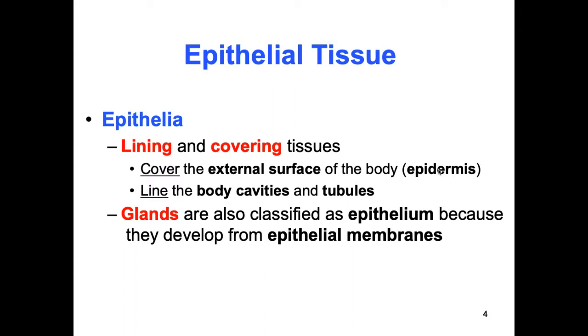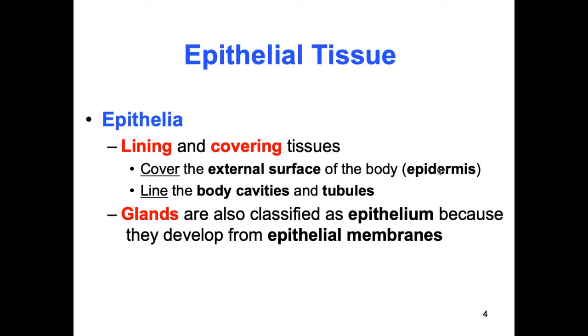The epithelium doesn't only cover the external surface of the body, but it also lines body cavities and tubules. Now, the word tubules just looks like the word tube. And inside the body are a bunch of tubes. We just call these tubes different names. For example, we have the respiratory tract. The tract is just a tubular system.